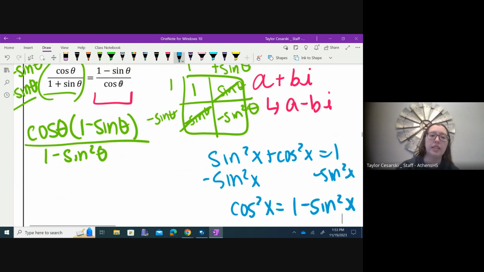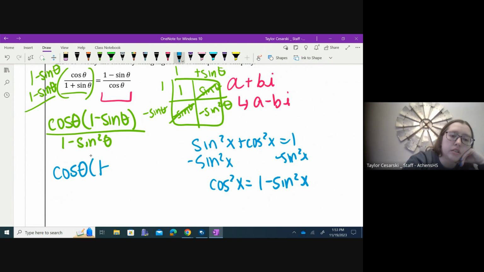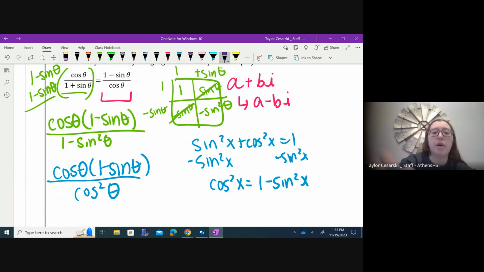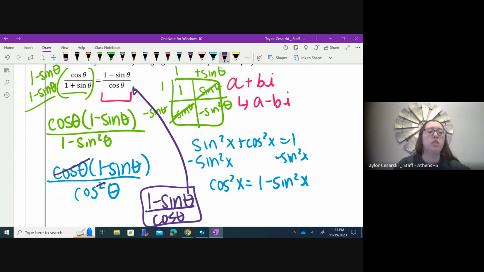My whole goal is to have some cosine in the denominator, so that's why I'm thinking about, can I rewrite this denominator as some function of cosine? And hopefully you can see now, while I have a cosine on top, I have a cosine squared on the bottom. So I can cancel one of those and I get 1 minus sine of theta over cosine of theta, which is exactly what I wanted to show.